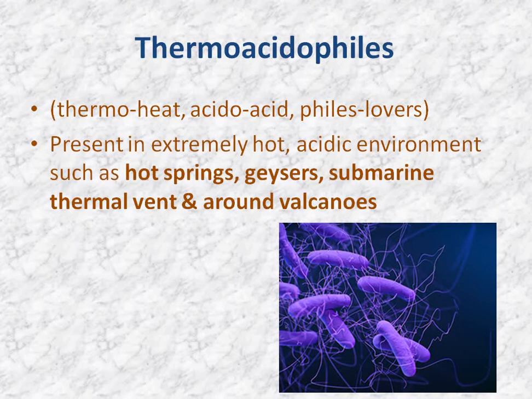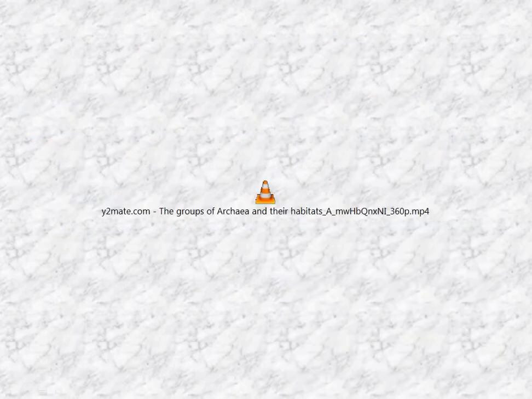So they are present in extremely hot and acidic environments such as hot water springs, geysers, and submarine thermal vents, meaning the fissures or cracks in the seafloor where thermal heat is produced, and they are also found around volcanoes. For example, Pyrolobus fumarii is a thermoacidophile.